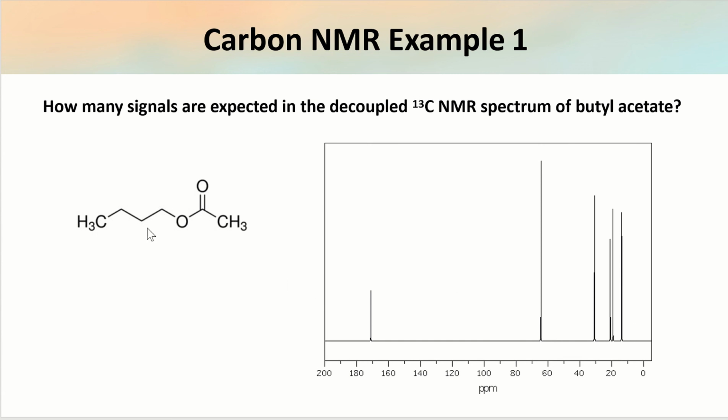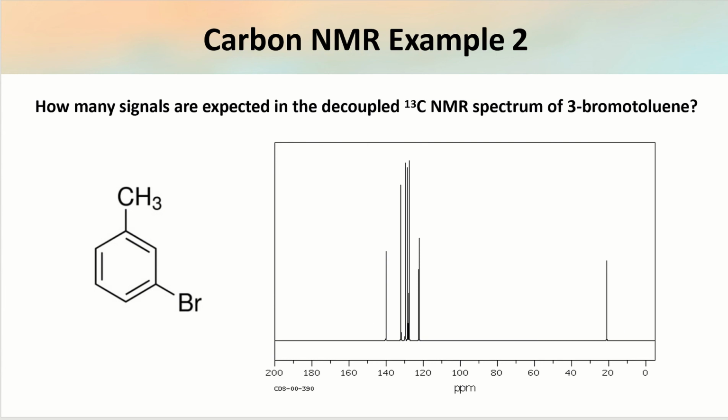Everything else is more shielded, and I'm pretty sure this methyl here would be the most shielded, in the 10 to 20 ppm range. But that isn't the question. How many signals are expected? If you counted 1, 2, 3, 4, 5, 6, you'd have answered that question.